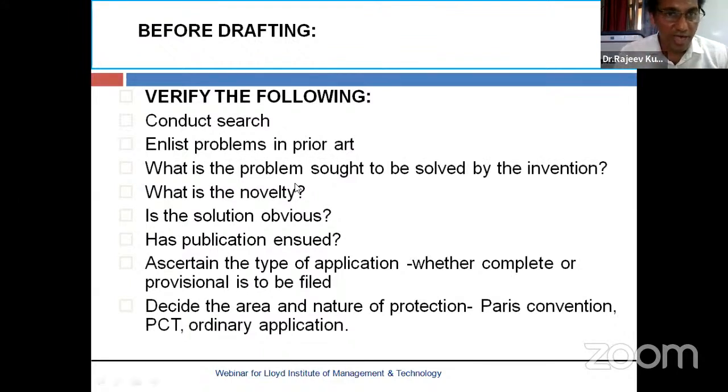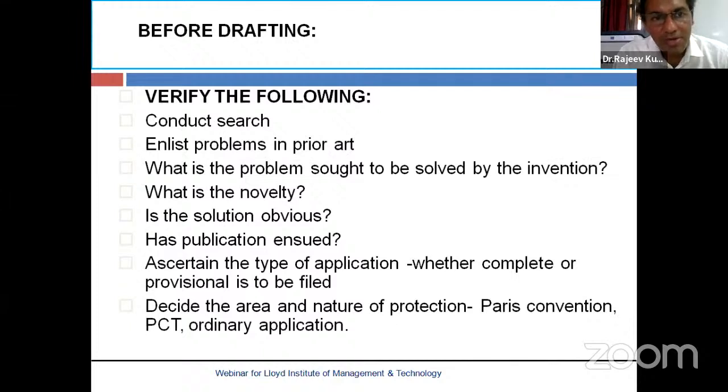But as a matter of practice, for other kinds of inventions, we generally try to find out what the different problems were that your invention is now solving. So for example, if you come out with an invention which is a portable bicycle, previously bicycles were difficult to shift or to carry.